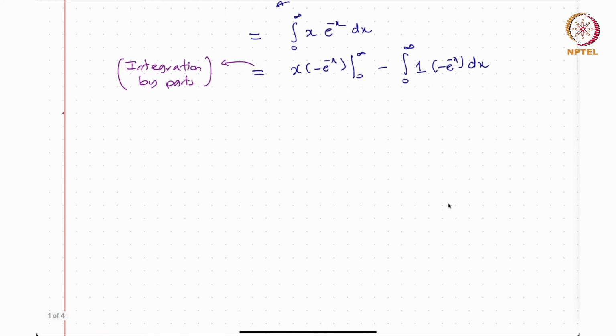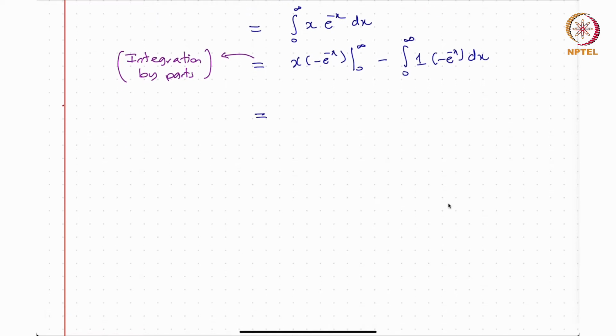If you do it, at 0 the first term is 0, and at infinity also it's 0, because the exponential will take over. So this part is just 0, and then the minus becomes a plus because of the minus sign there. So you'll get the integral from 0 to infinity of e to the minus x dx, and that's just minus e to the minus x from 0 to infinity.